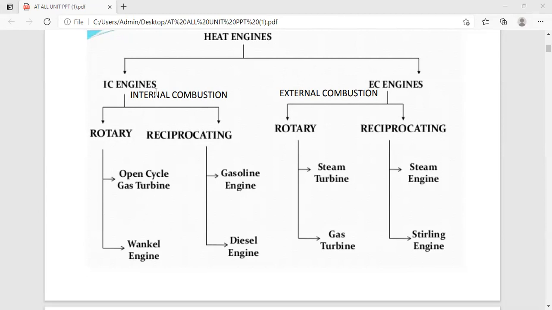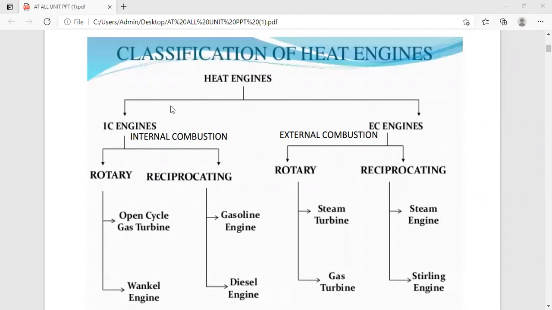We classify this as a rotary internal combustion engine and a reciprocating internal combustion engine. In rotary there is the open cycle gas turbine and the Wankel engine, and in reciprocating there is the gasoline engine and the diesel engine.